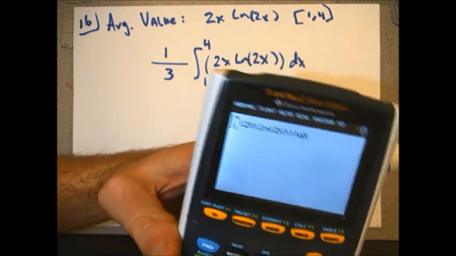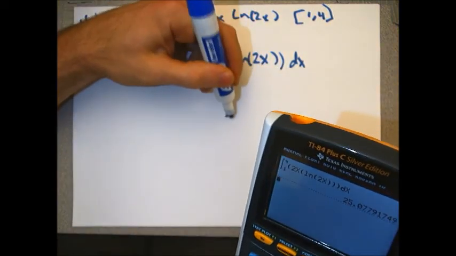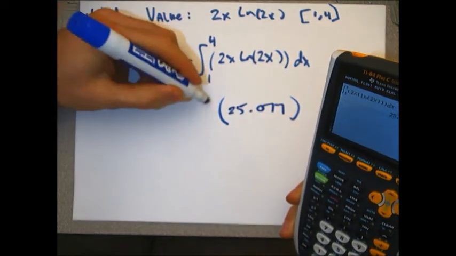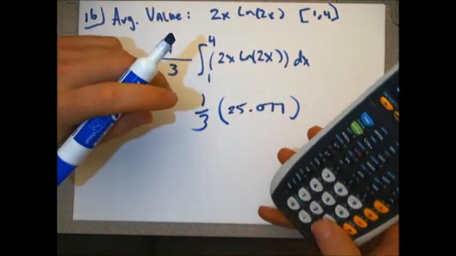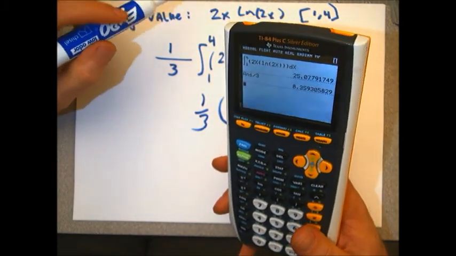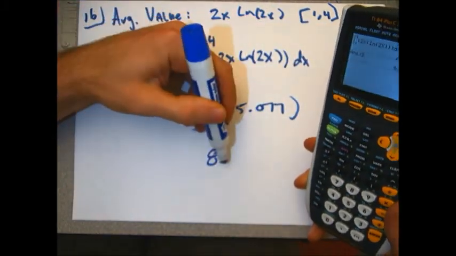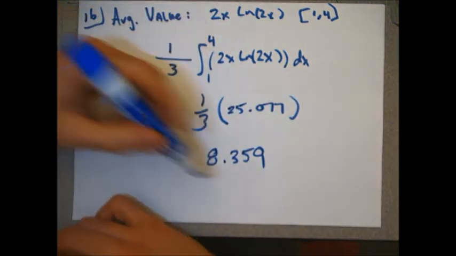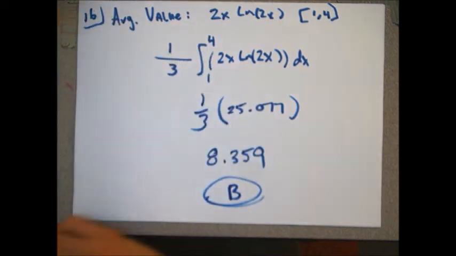Dx, hit enter, and it gives you 25.077 is the result of the integral, times 1/3 or divide by 3, and you should be looking at 8.359. 8.359, also very close to 8.360, choice B.